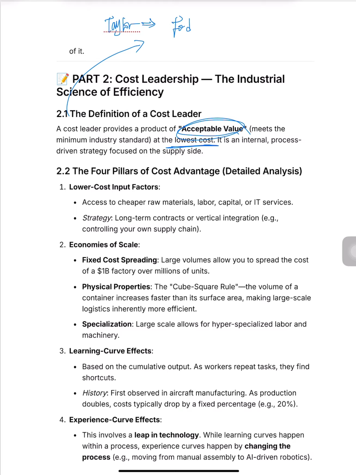Ford's moving assembly line reduced the time to build a Model T from 12.5 hours to 93 minutes. So this was not a product innovation. It was a process innovation that delivered a previously unimaginable cost structure. So cost leadership has been the dominant competitive weapon in mass manufacturing ever since.